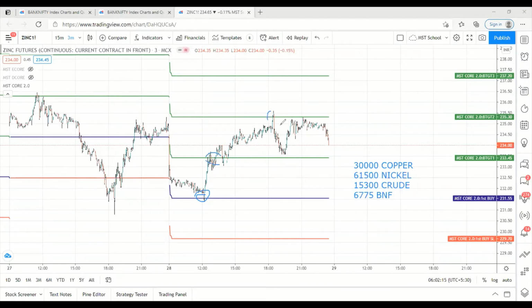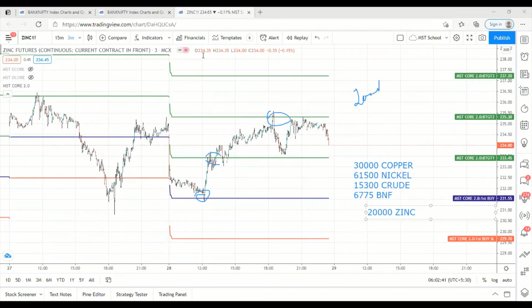First target done and second target done. How many points did we get? 231 to 235, 4 points you have got. So 4 into 5,000 rupees, 20,000 rupees. In zinc, we have got 20,000 rupees profit.